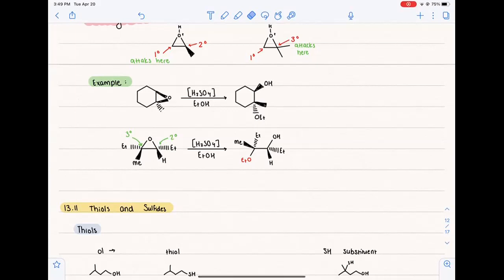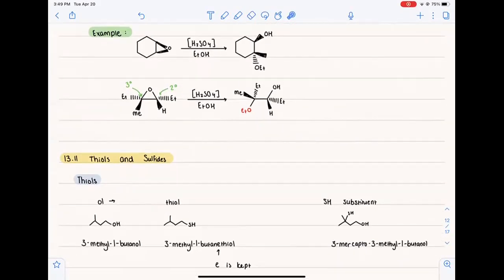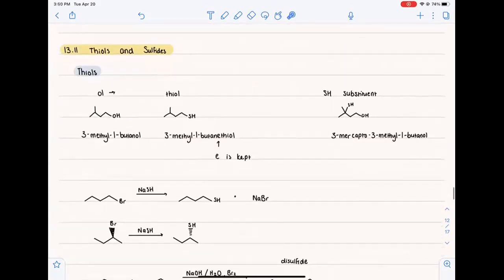I'm going to go ahead and say that it's not supposed to be there, and it's just going to attack that side, because it's adding on there. Okay, awesome, perfect. And then when we have a secondary and a tertiary carbon, it attacks the tertiary. Pretty. And then we have phenols and sulfides.